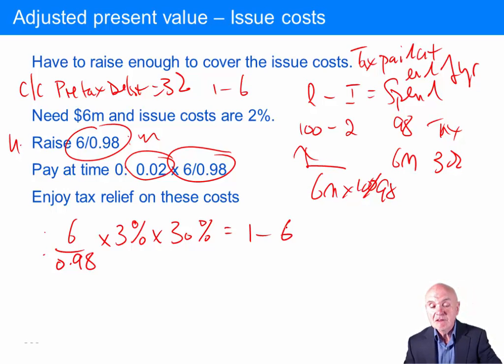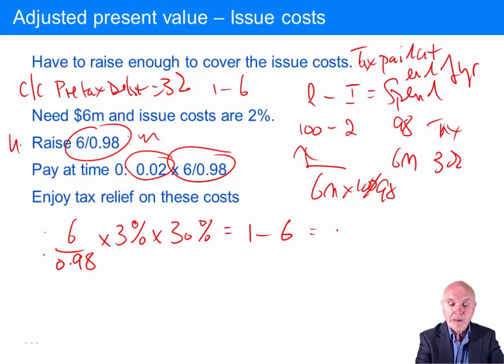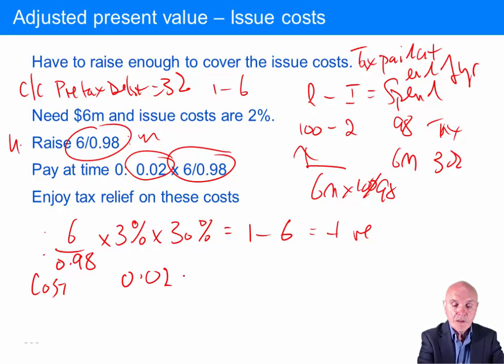However, there are some costs associated with this. We have to pay away this amount. We pay at time naught. So, if you like, this is going to be a kind of positive figure. I don't know what it is. So there's a cost in here, which is 0.02 times 6 over 0.98.